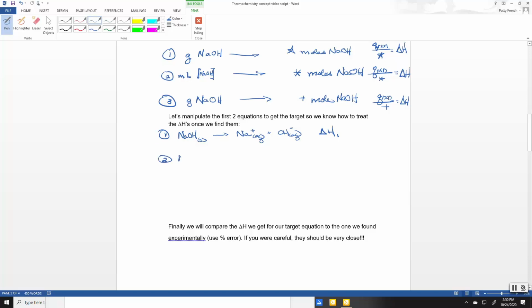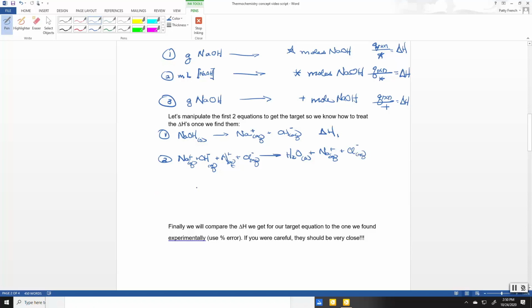Number 2 is Na plus aqueous, OH minus aqueous. Remember, this is your two aqueous solutions, H plus aqueous and Cl minus aqueous will become, or yields, water, again a neutralization reaction, plus Na plus aqueous plus Cl minus aqueous.